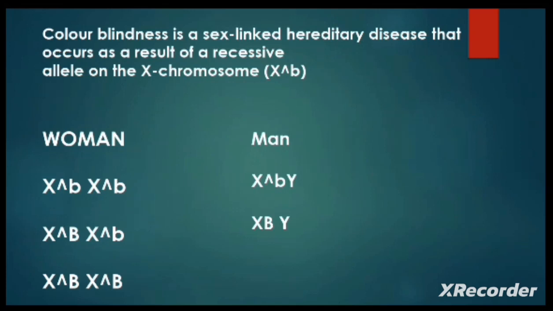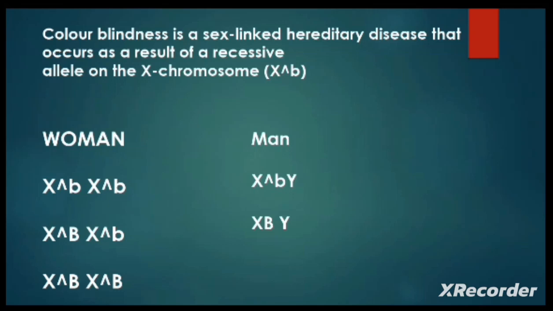It says color blindness is a sex-linked hereditary disease that occurs as a result of a recessive allele on the X chromosome. So a man who is affected by this disease will have a recessive allele on the X, right? So for color blindness, let's say the allele is B. The man who is affected would have sex chromosomes which are X exponent small b and Y. Remember, the Y does not carry anything because these are sex-linked characteristics.